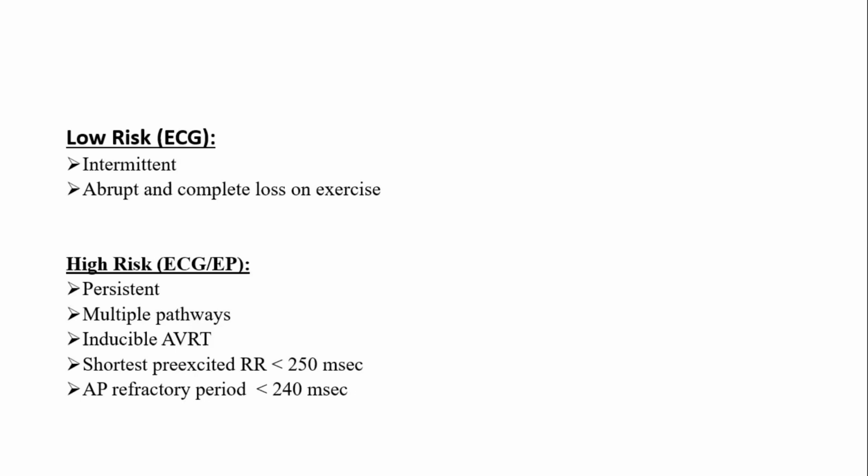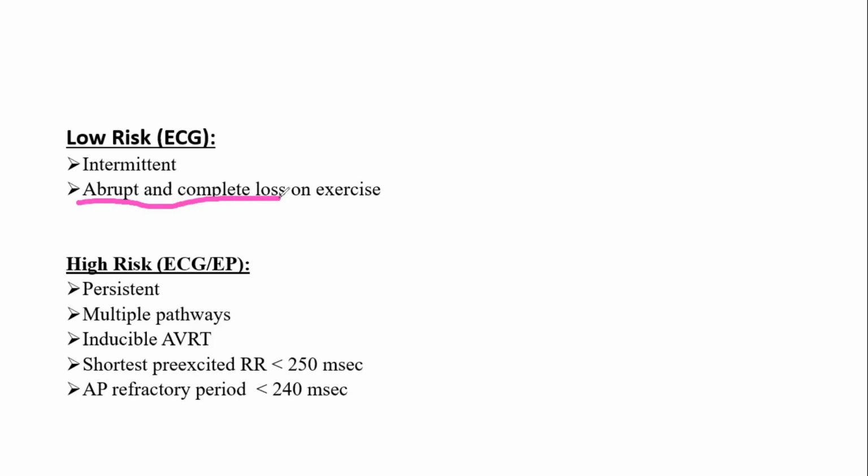But remember, I've written a term called abrupt and complete loss. Just don't forget this. If the pathway goes slowly, but there's still a bit of conduction, though not predominant, that is one scenario. The other scenario is it's abruptly gone.